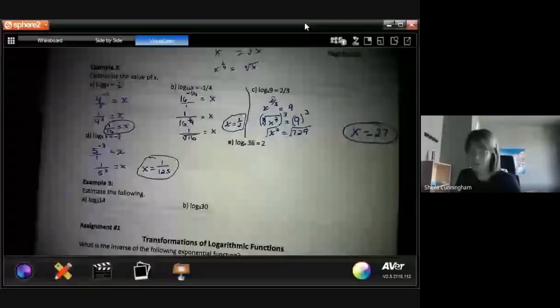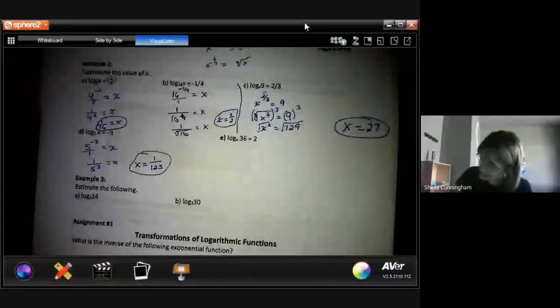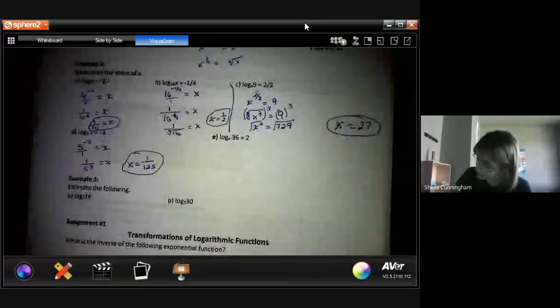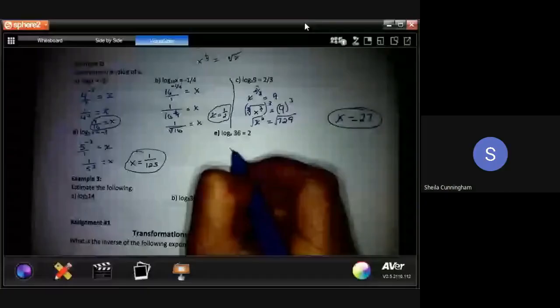So that one feels like a piece of cake after we just did C. And then E, I've got log base x of 36 is equal to 2. Same thing, convert to exponential. So x is my base, 2 is my exponent, and that equals 36.